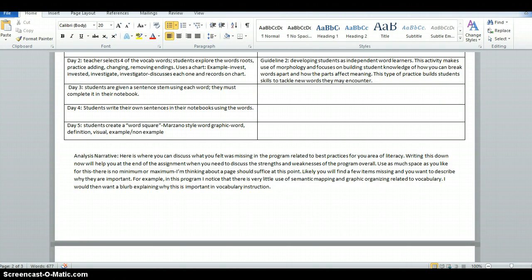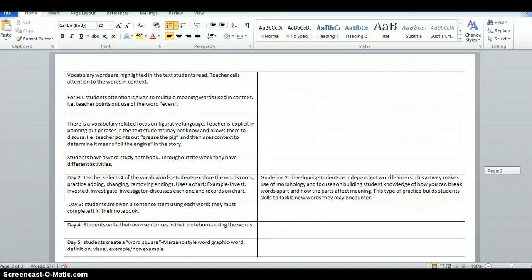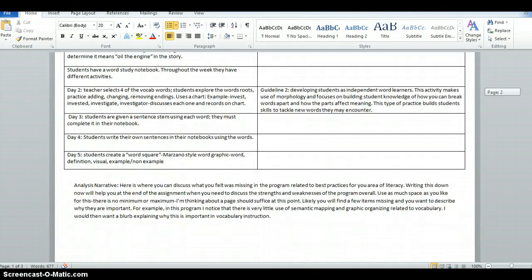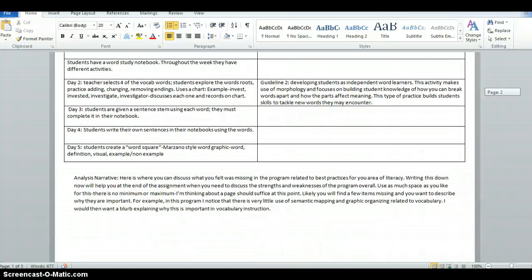All right, so what you have to do is this template, and I will have this example up, but I'm actually not going to include an actual template because I've noticed that a lot of folks had problems with the formatting. So just go ahead and make a table in Word and have the same headings, and then you can just include your narrative at the end of it.